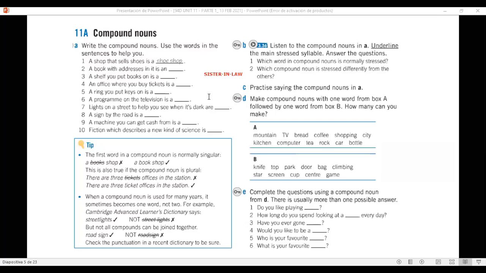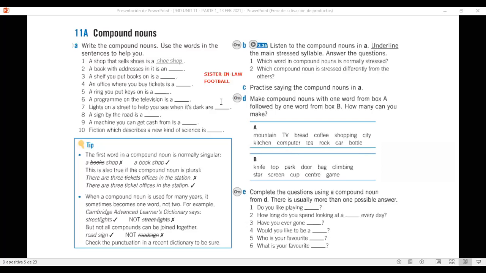So that's the difference between some of these compound nouns. When you use them every day, or these are very common compound nouns, they go together, and in some other cases they go separated. ¿Sí?